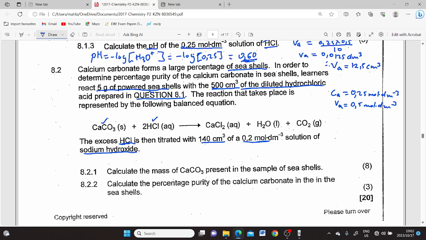Let's see. It means we're going to have this reaction. Now they're saying this will be in excess, meaning the other one will react completely.